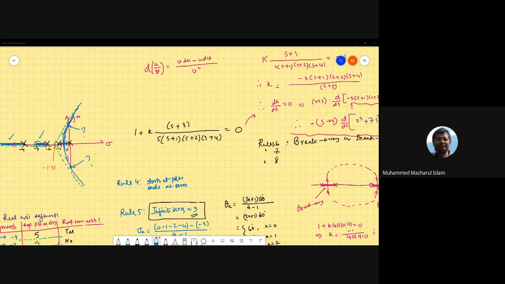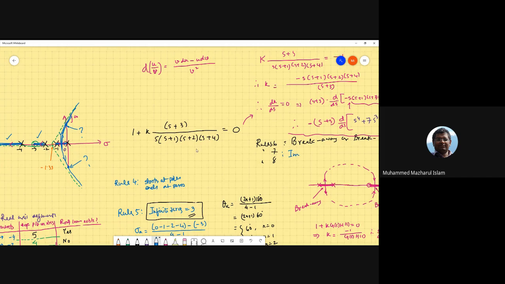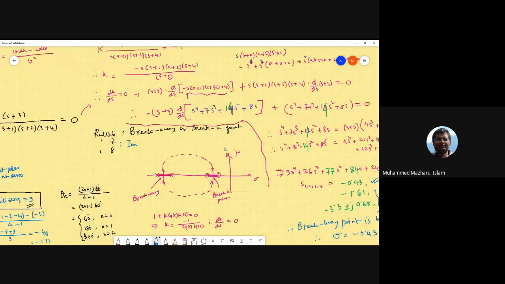So you only need to find one. If you get the top one, because of symmetry, you can say that the other one is just negative. So we want to find out the imaginary axis crossing point. I'm going to write down the name of the rule here. Imaginary axis crossing point. That's rule number 7.